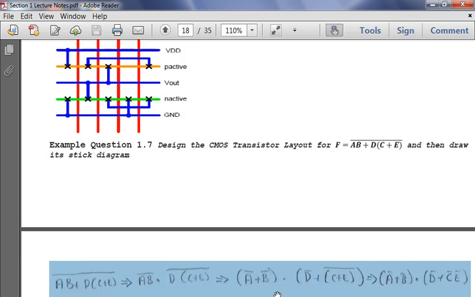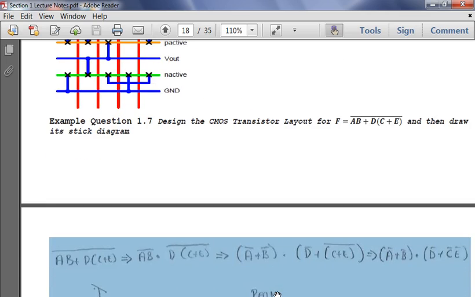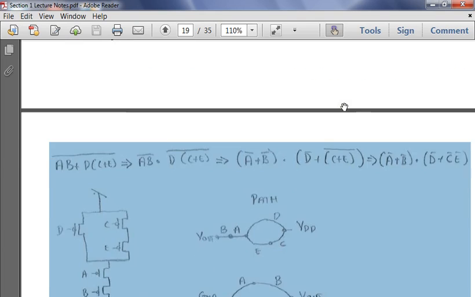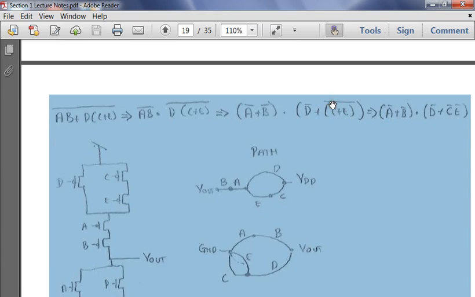Okay, so we can go through 1.7 really quickly, and this will be the end of today's lecture. 1.7 is kind of the same as combining 1.4 and 1.6. So we start out with not A, B, or D, C, E, right? We do the pull-down network. A and B are ANDed, so they're in series.